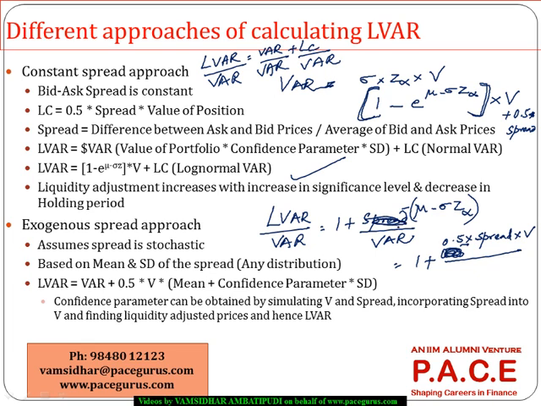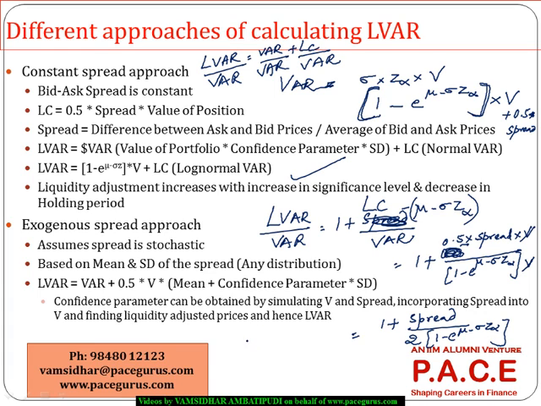Liquidity cost is 0.5 times spread times V, and VaR in this case is 1 minus e power mu minus sigma Z alpha times V. So overall this comes out as 1 plus spread by twice 1 minus e power mu minus sigma Z alpha. Here also the same logic goes.